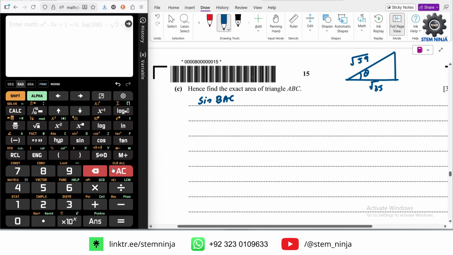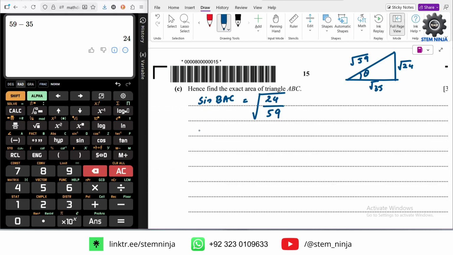Okay, so what would be this value? So 59 minus 35 is 24, so square root of 24. Right, so sine would be square root of 24 over root 59. So area would be half times the magnitude of AB, magnitude of AC, times sine of BAC.